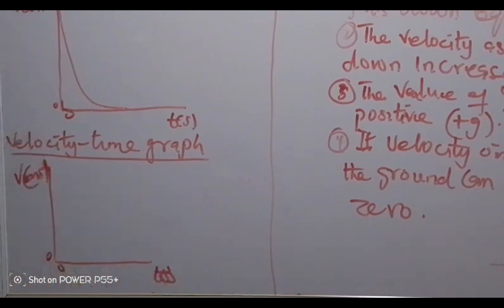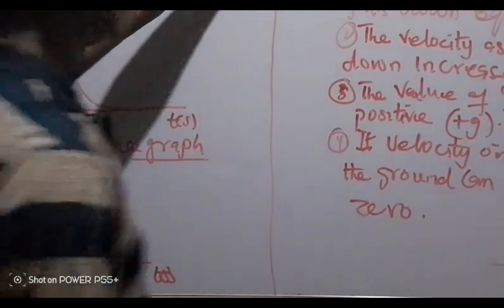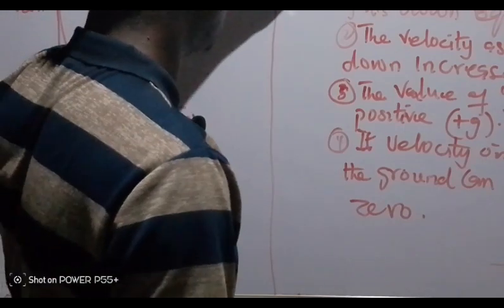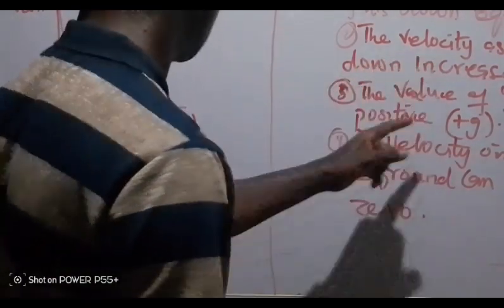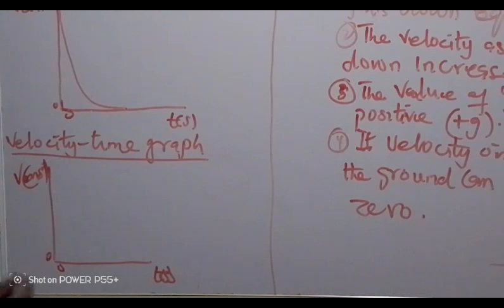Now, this is where you need to take note. We said as the object is moving down, what will happen to velocity? Velocity will increase, and this is 0. Therefore, the velocity time graph will increase like this.